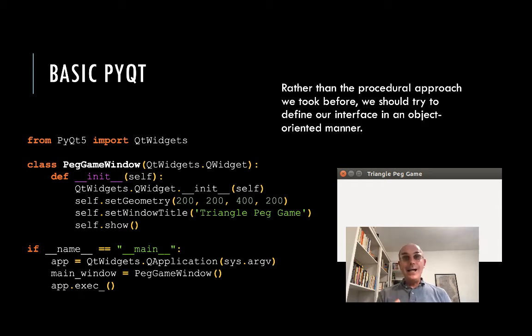Back to our class and back to our subject. Rather than a procedural approach, we try to define our interface in an object-oriented manner.